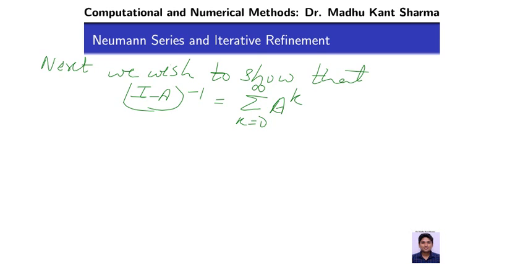This is equal to, if I write it, the limit as n tends to infinity of the sum over k from 0 to n of A to the power k.